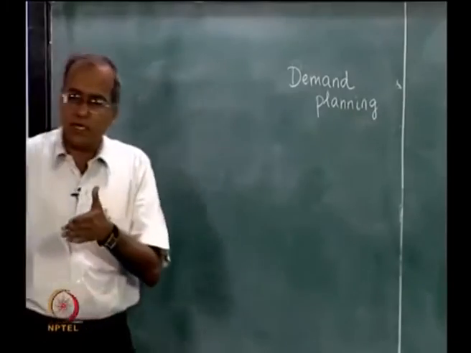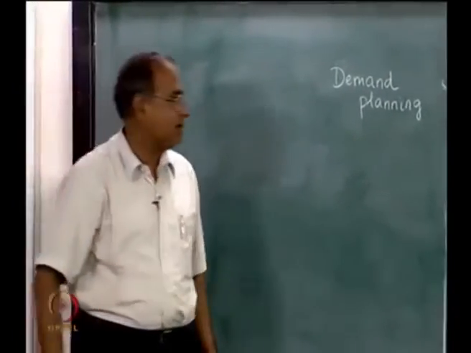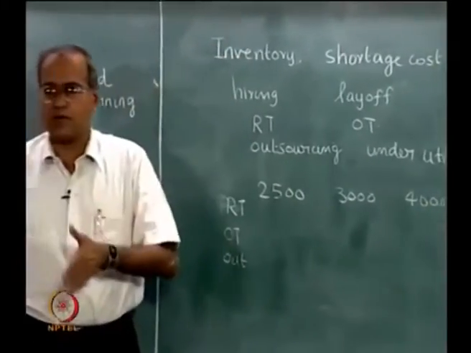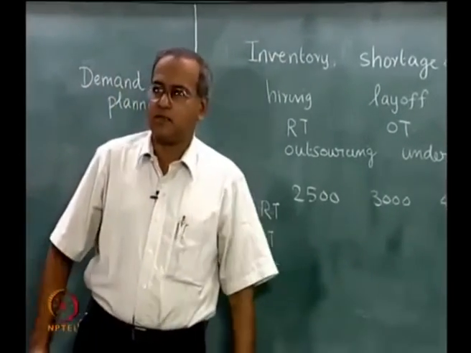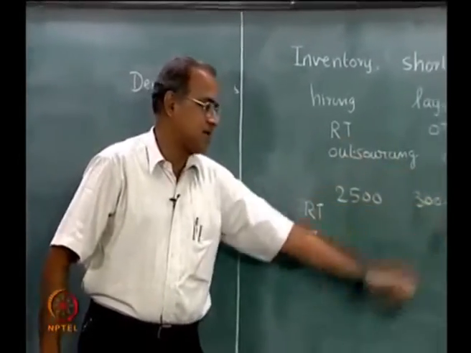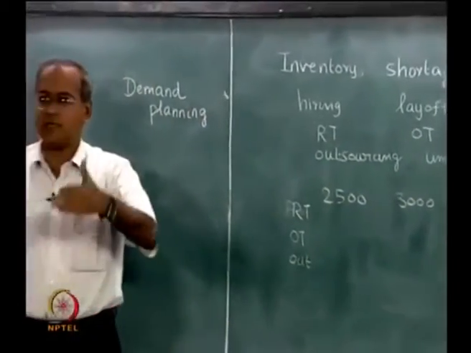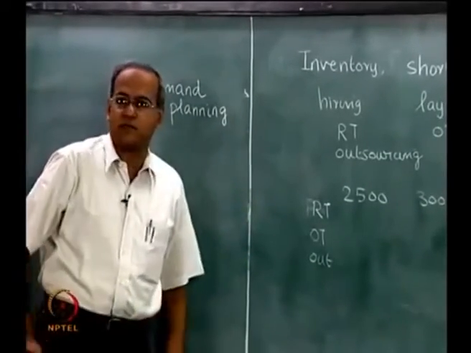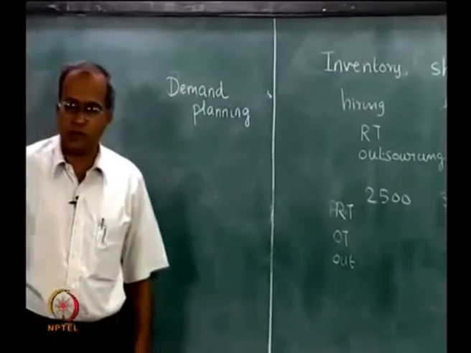Now, when we worked out the aggregate production plan, we assumed that these demands are known and cannot be changed. So, we have to meet this 2500 in month 1, 3000 in month 2 and 4000 in month 3. Now, let us try and work out some costs for this and see what we do.